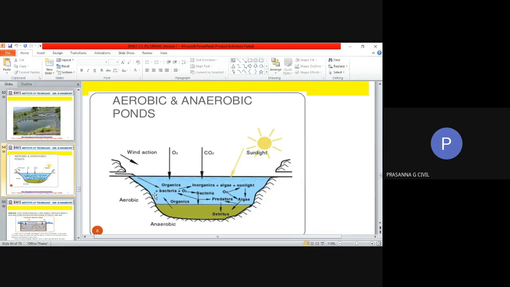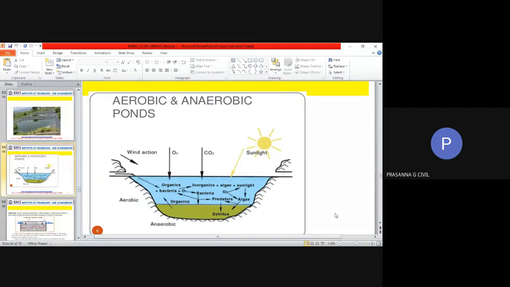The top gets easy access to oxygen, and the organisms responsible there are aerobic in nature. Because the lower layers become deficient in oxygen, the organisms that survive there automatically fall into the anaerobic category, and these organisms are responsible for creating the anaerobic environment there. So this is the consideration for an oxidation pond.